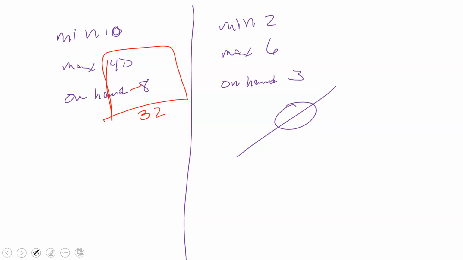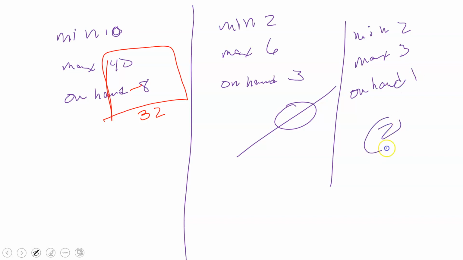No, minimum is 2. Max is 3. We have on hand 1. So how many are we going to order? We're going to order 2. Easy peasy, right?